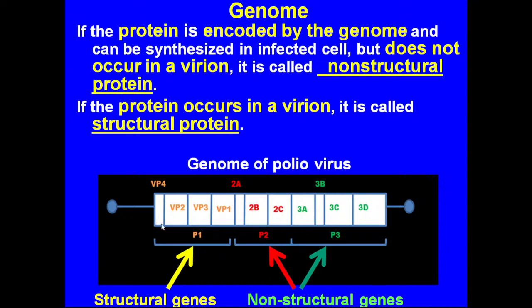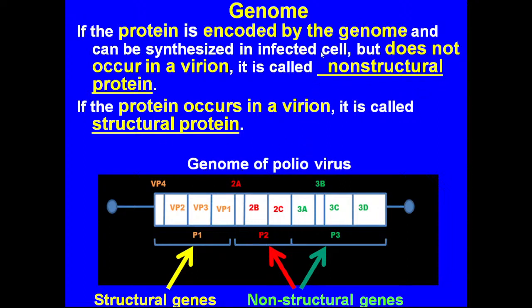And it is a good model to explain that in the viral genome we may have two types of genes: non-structural genes and structural genes.